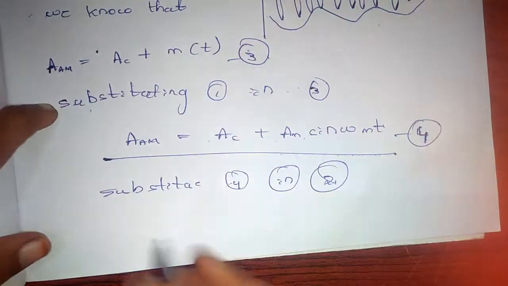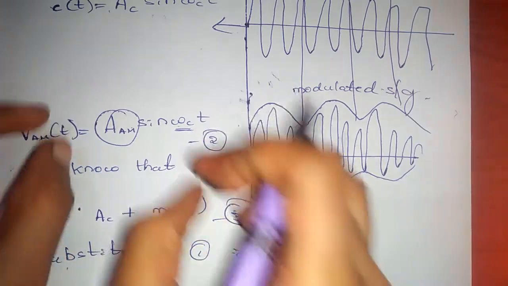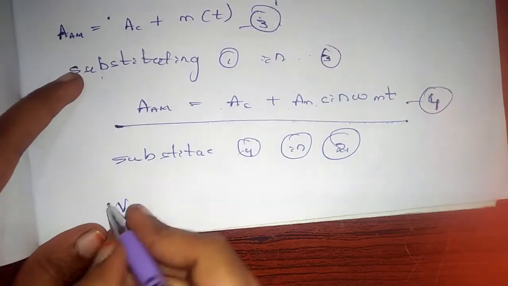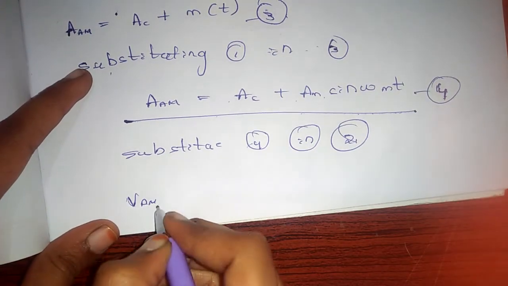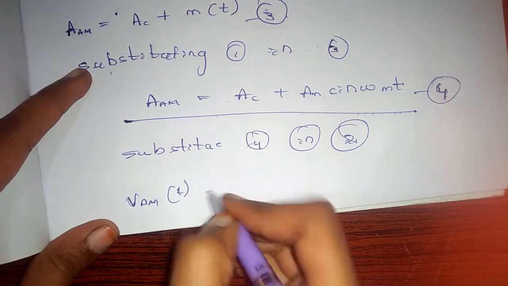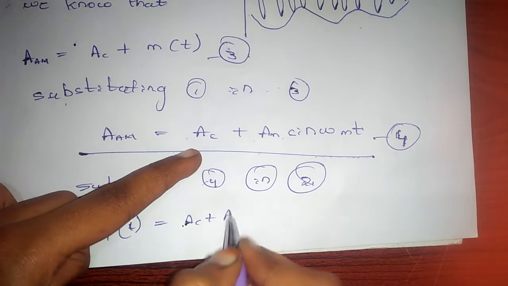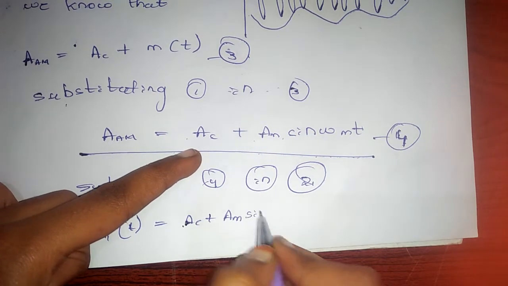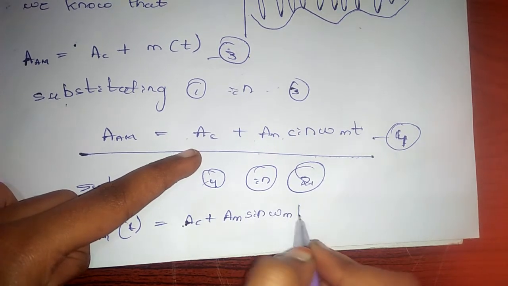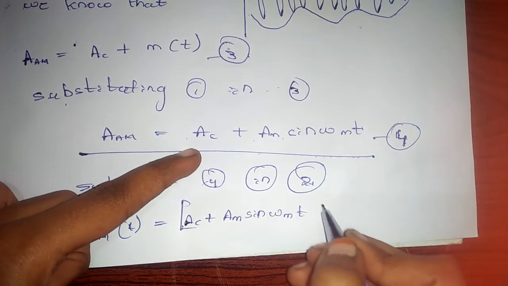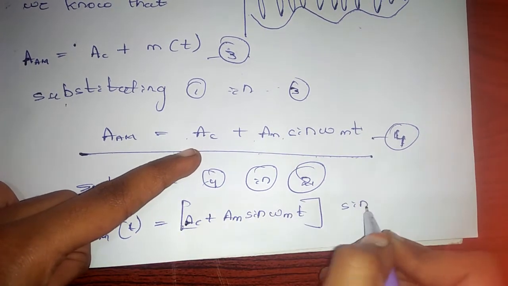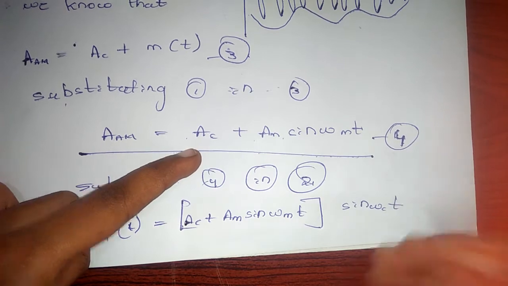Just putting this equation in this, we get Vam of t is equal to Ac plus Am sine omega m t, into sine omega c t.